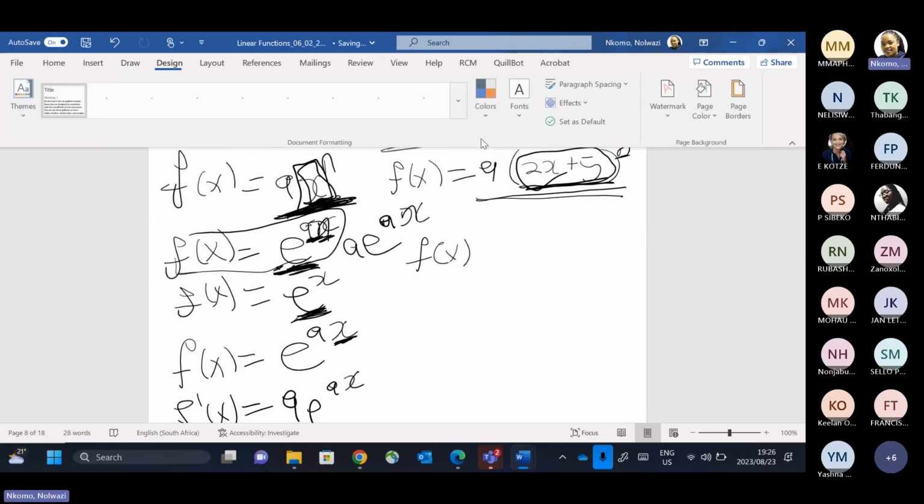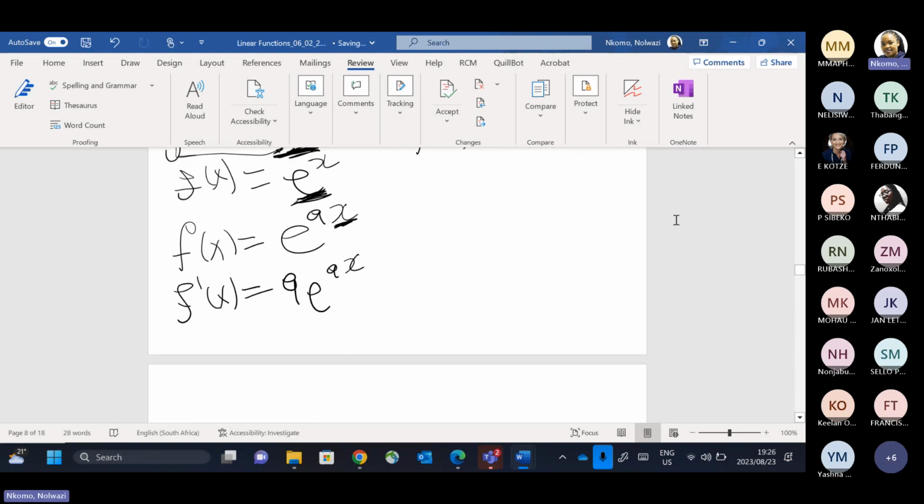Again, let's go back here. Initially, the function is e to the power ax. Now again, suppose where there is x, you have another function. For example, this function is given as f of x equals e to the power (30x squared plus 10x minus 2).